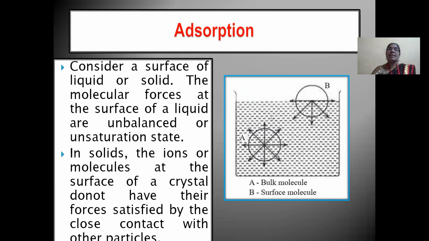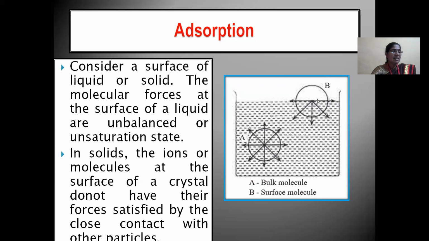But the particles on the surface of a solid or liquid are different as compared to those in the bulk. A surface particle is surrounded by other particles which are present on its side and below it, as shown in the figure.